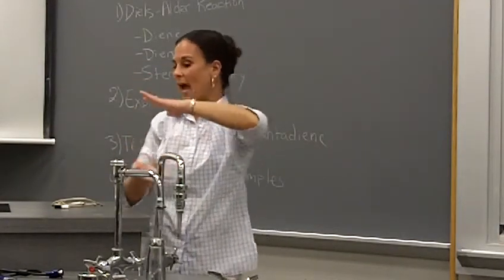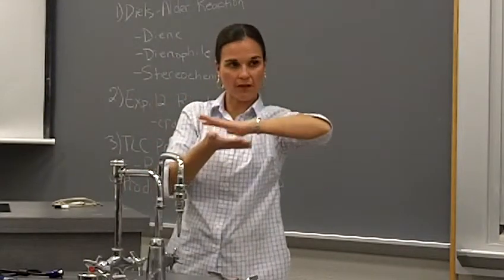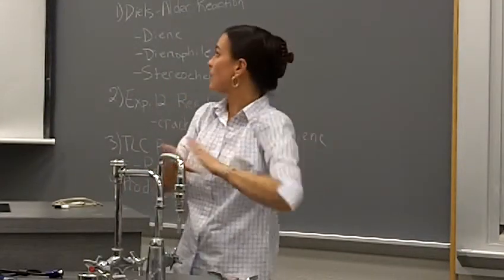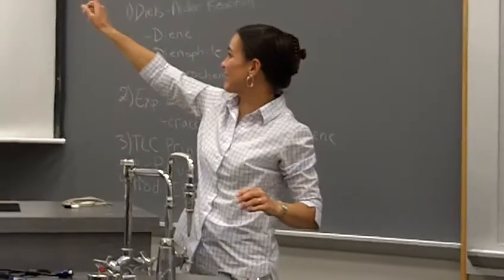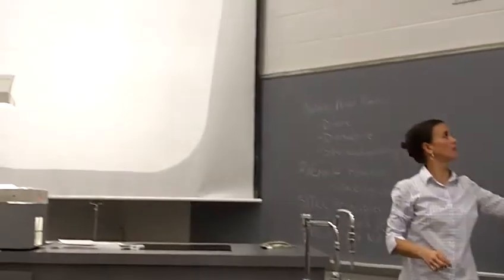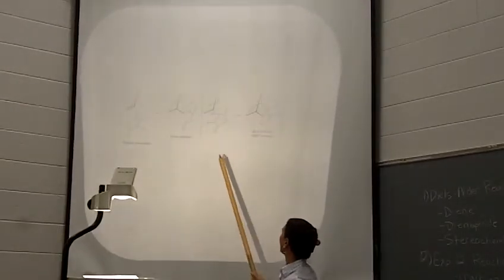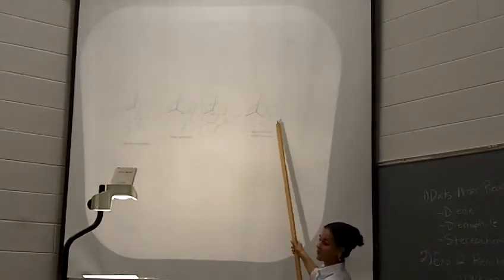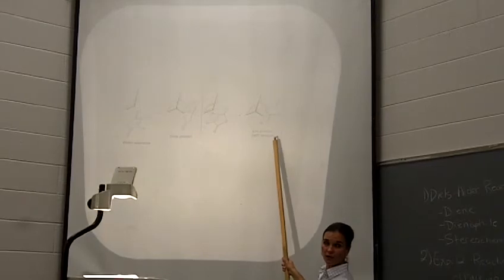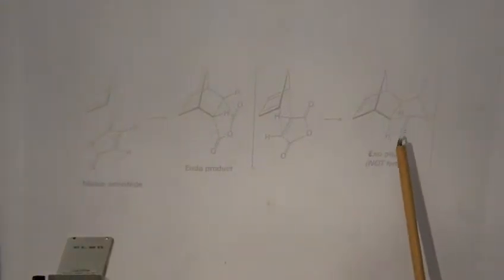In order for that to happen, you've got to have good overlap of the 2 pieces. So what you end up getting is the endo product, this guy here. You don't get the exo product because you won't get enough overlap of everything that needs to overlap to react. So with Diels-Alder, you always get the endo product, not the exo product.